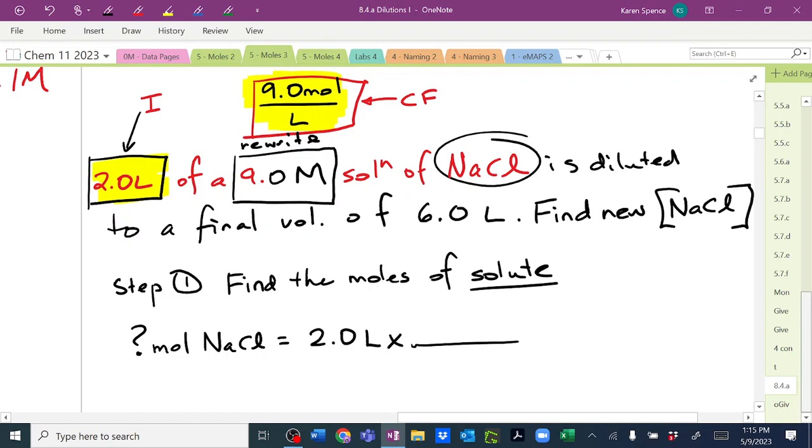Which units do I want on the bottom? Liters. And what unit do I want on the top? Moles. So indeed, in this case, I do want moles over liters. So I do want the 9.0 on the top and the 1 liter on the bottom. And that gives me 18, 2 sig figs, liters cancel, and we're left with moles of NaCl.